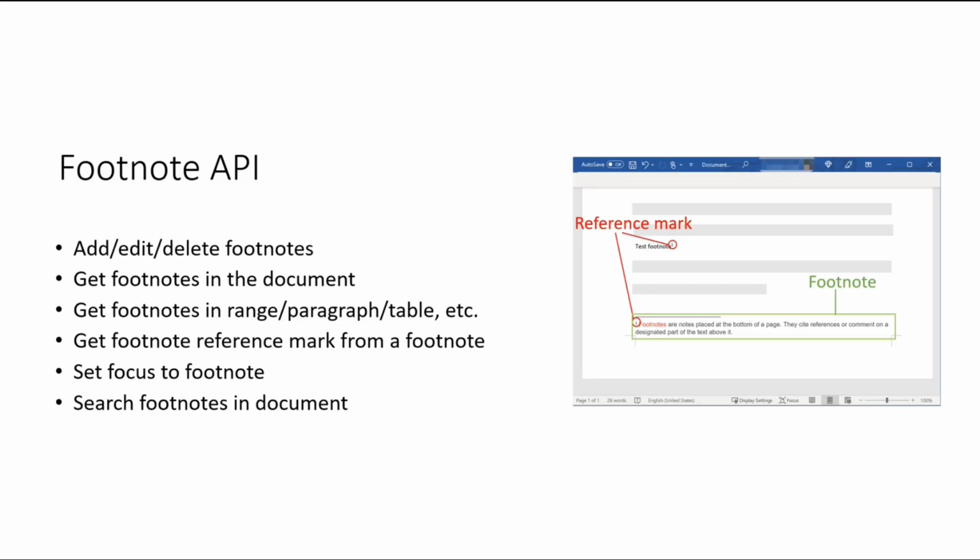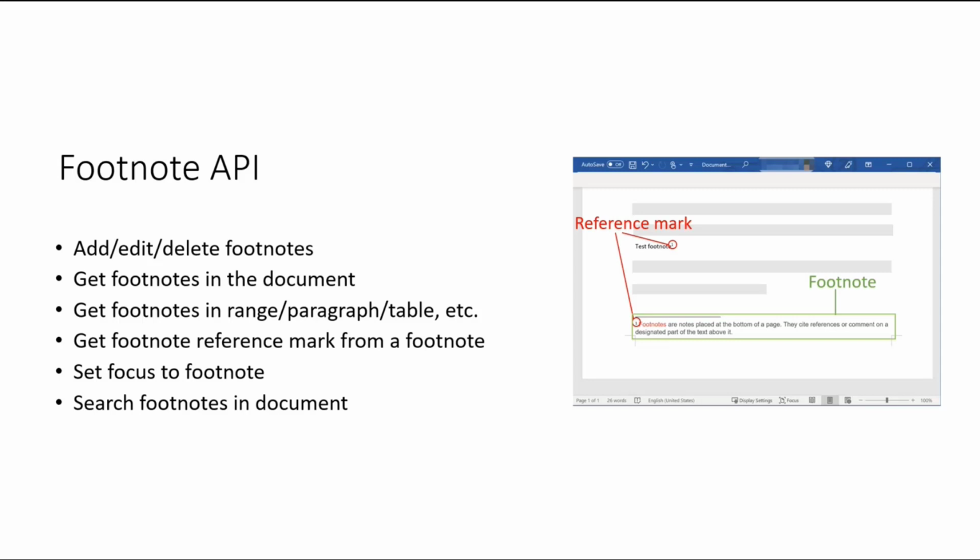For the Footnote API, we will provide the ability to, first of all, add, edit, and delete. We also let you get the footnote from any place you want. And with that, you can also get the footnote by sequence. For example, you can get the next footnote, or the first footnote, or the last footnote.